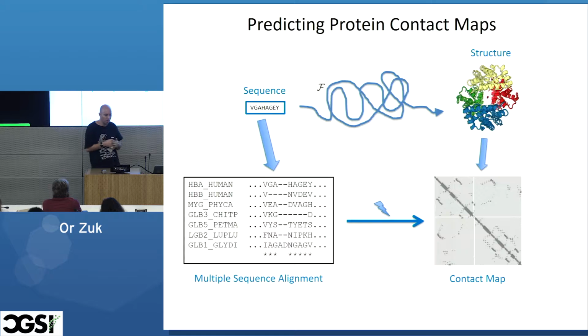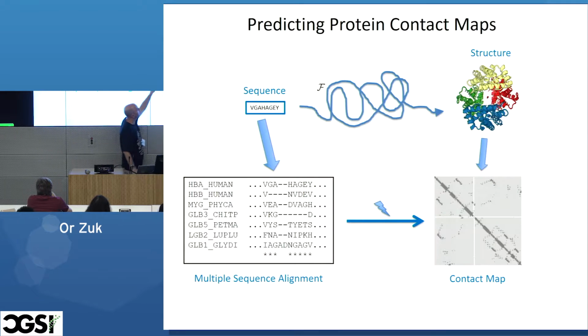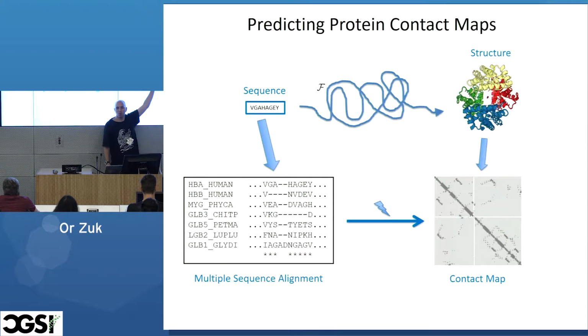They can be paralogs. So we're looking at protein families. Even though, like I said, all that matters to determine the structure is the first sequence, the query sequence, still, by using this information, we can get a simpler relation to properties of the protein, and in particular, the contact map.